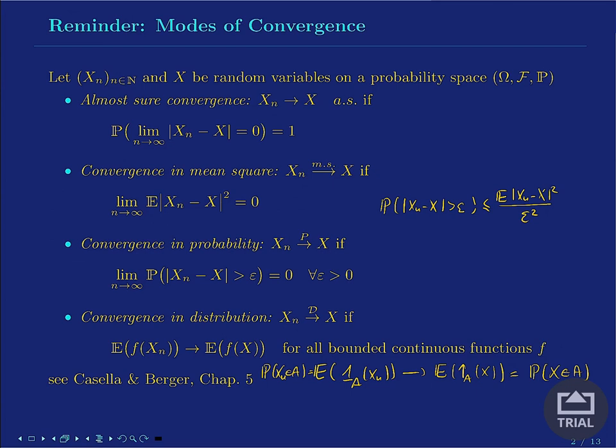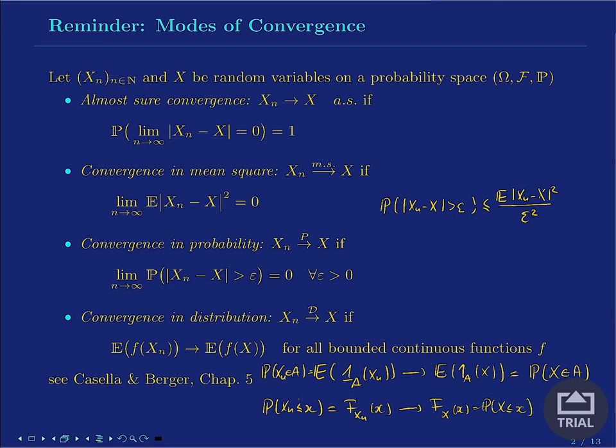So in the one-dimensional case, we in particular can express that in terms of the CDF. So the probability that Xn is smaller or equal to x, that is the CDF of the random variable Xn, converges to the CDF of the random variable X, which is the probability that X is smaller or equal to x.